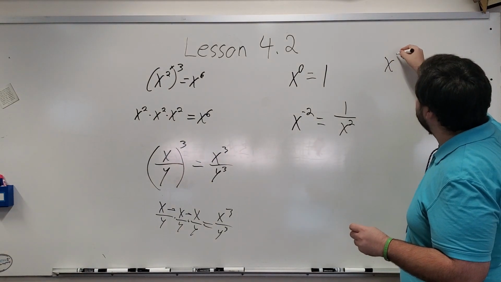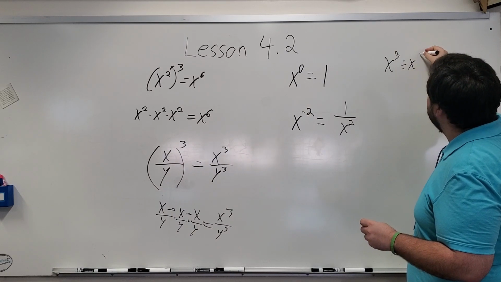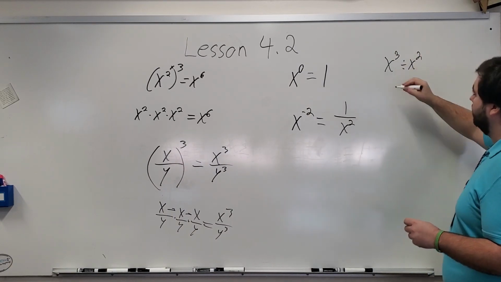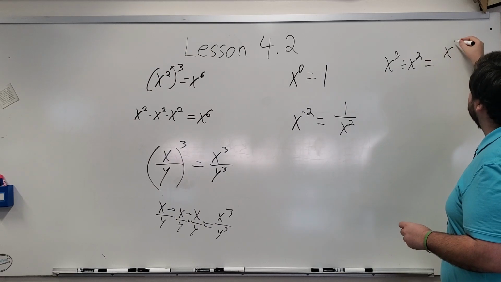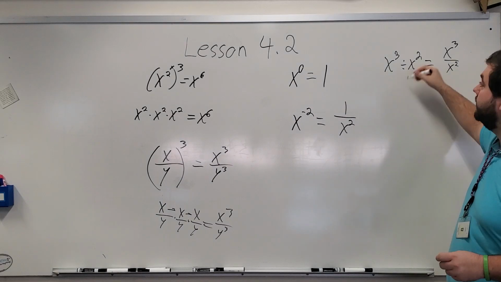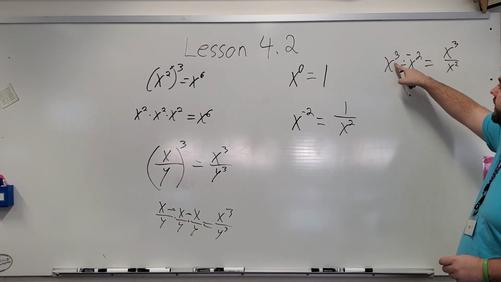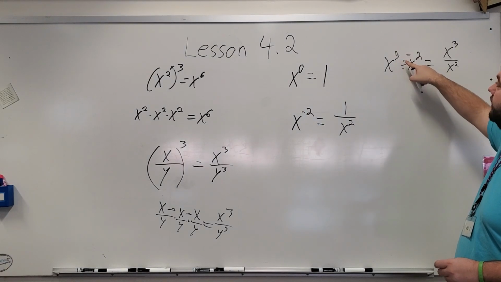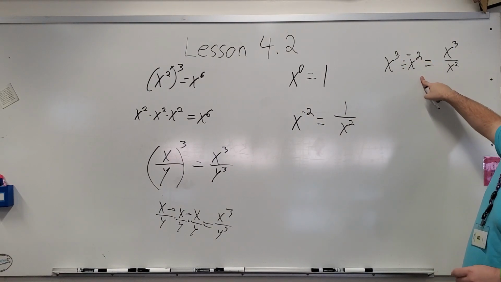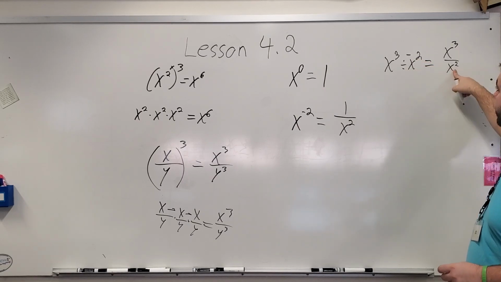We had x cubed divided by x squared, but we can rewrite that as x cubed over x squared. And I said when you do this, you subtract. So can we see how this is really x to the 3 times x to the negative 2, right?